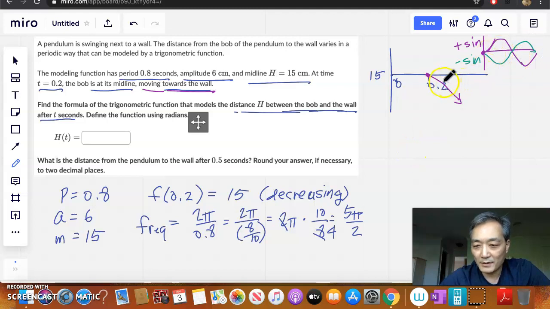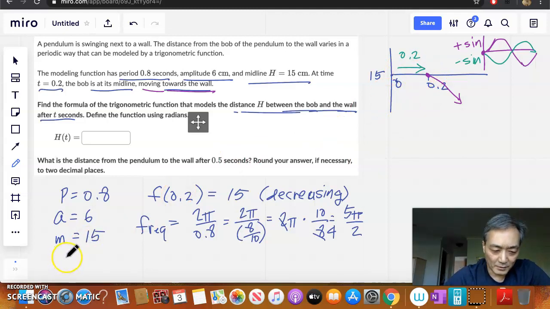That's almost like negative sine, except it started at 0.2, not at 0, which means there was a phase shift of 0.2 seconds to the right.